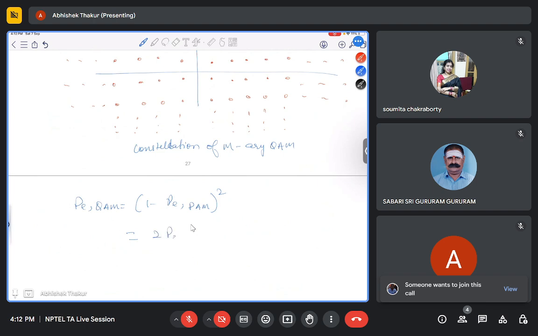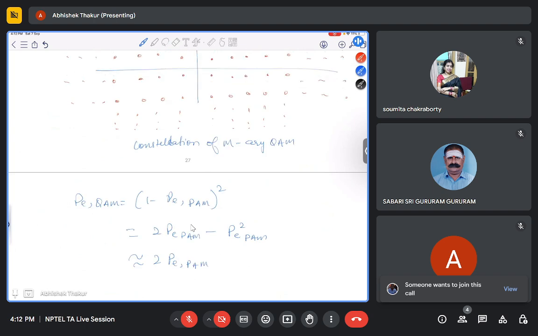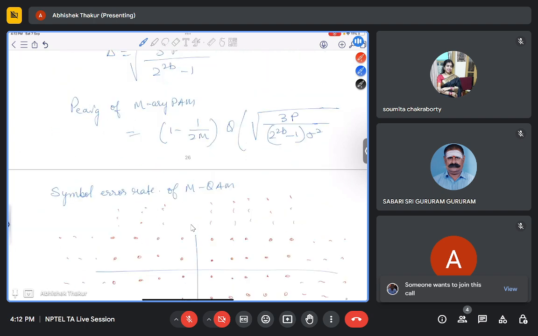So this will become 2 P of PAM minus P squared of PAM, which we can approximate as 2 times the probability of error of PAM. So simply we can multiply it by 2 and we can find the symbol error rate of M-array QAM.